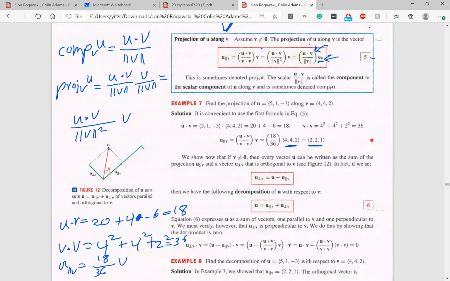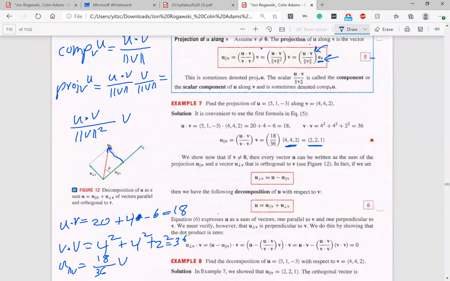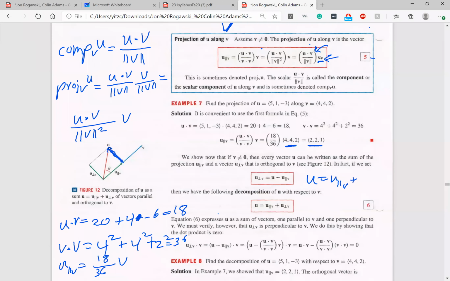It's really this vector over here. In order to get to the vector u, you can put the projection of u onto v over here and then add a vector to its tail. So u really is equal to the projection of u onto v plus this vector over here, which they're going to call u perpendicular to v.